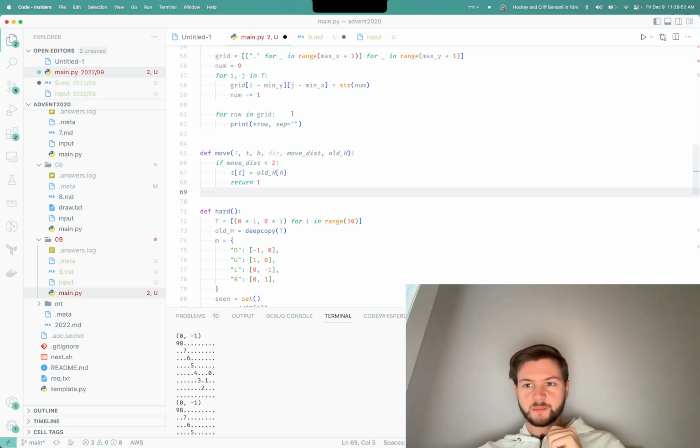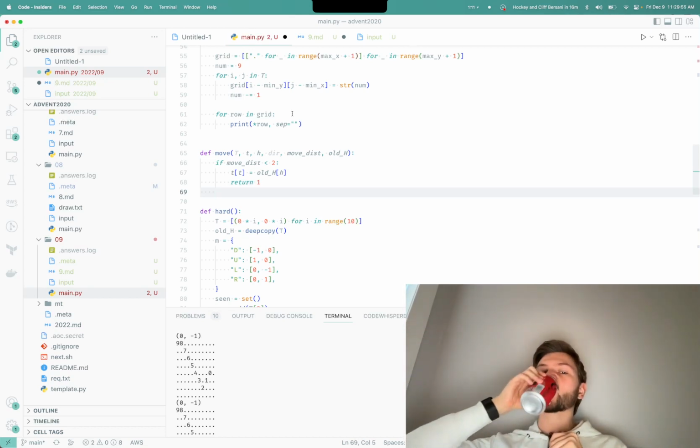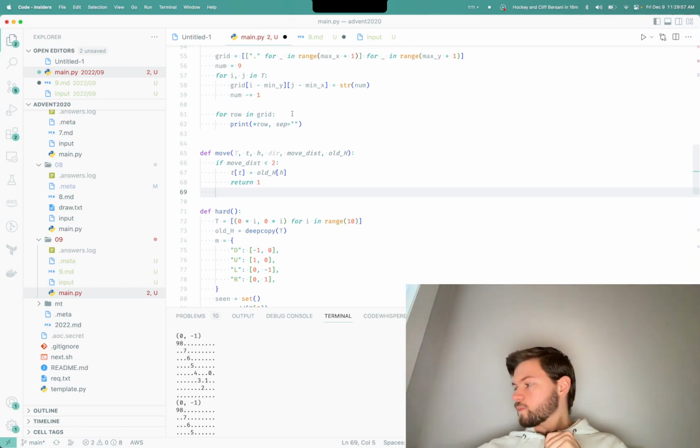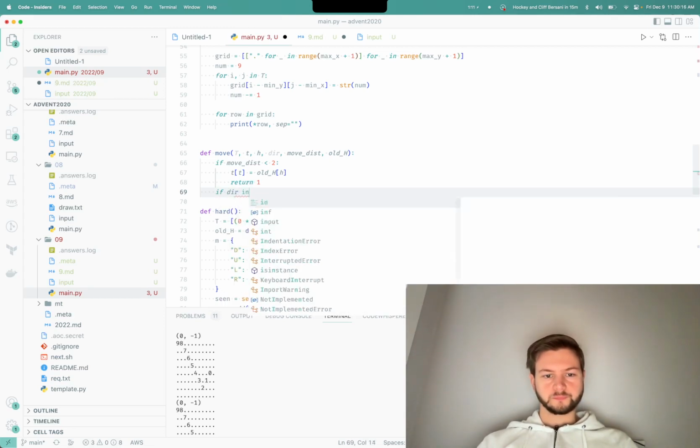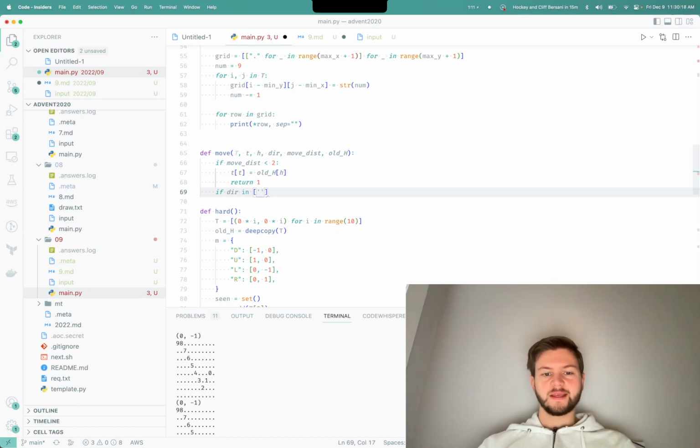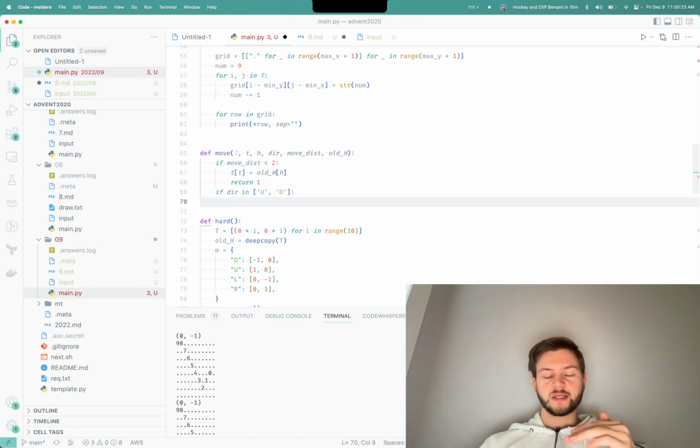Otherwise, we need to move the piece 2 times, and we need to prioritize the movement. If it's either up or down, we move it vertically first.